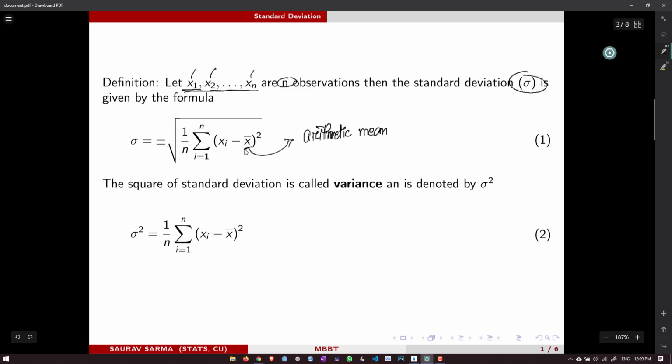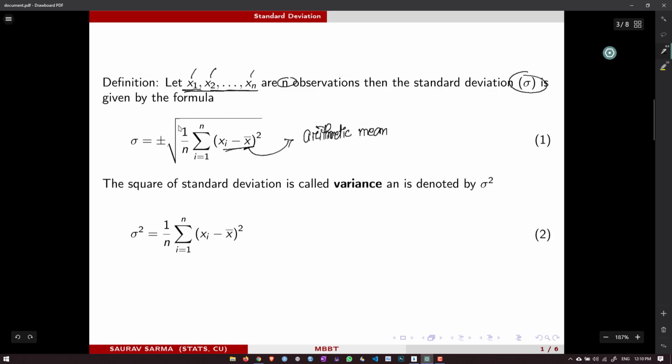So we are deviating from the mean, then we will square it. That means the differences xi minus x bar will be squared, then all the differences will be added, then that will be divided by the number of observations, and last we will take the square root.